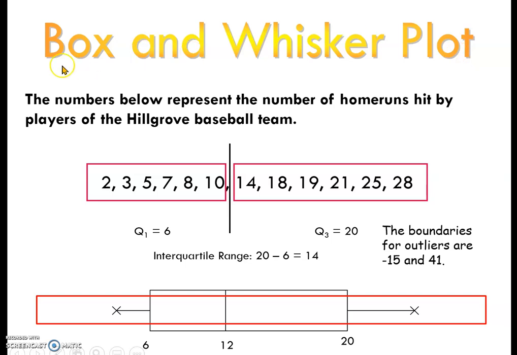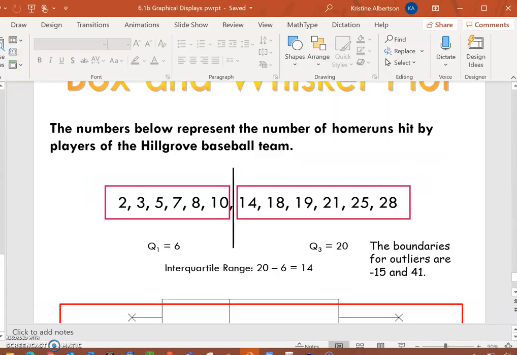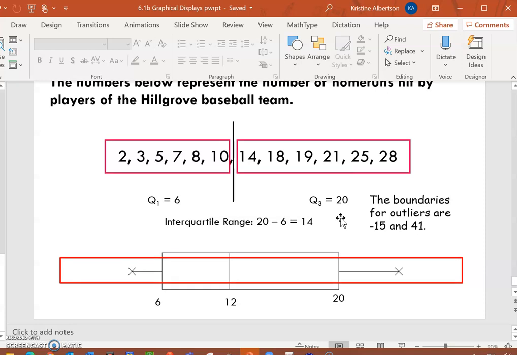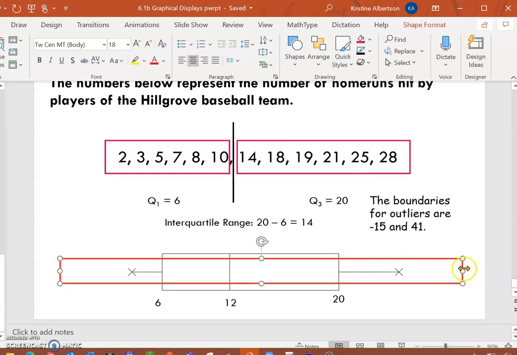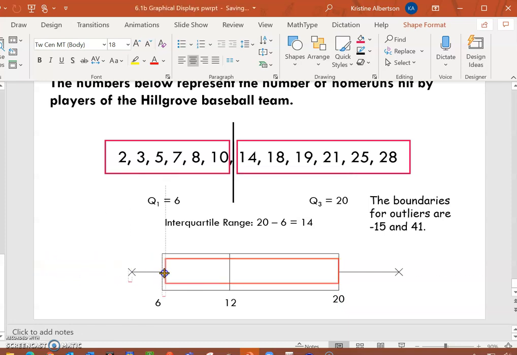All right, for this one, I'm going to exit out of this so that I can show you on this. And let me bring this back in here so I can set this up. We found the information on our last slide. So we know the median is located at 12. I have this line right here to show the 12. The lower quartile was 6.